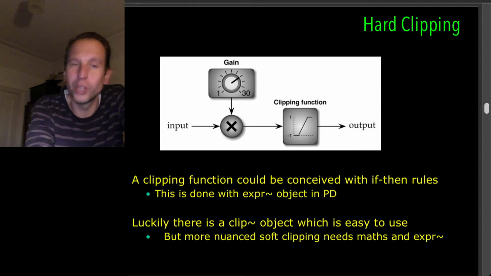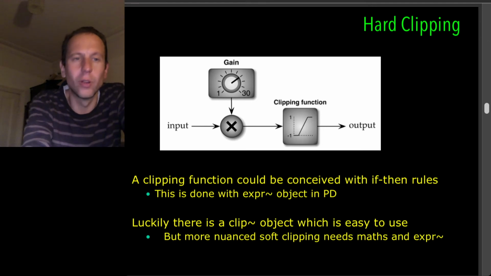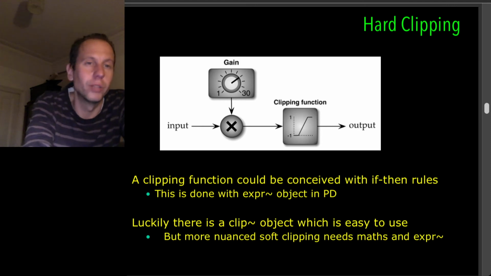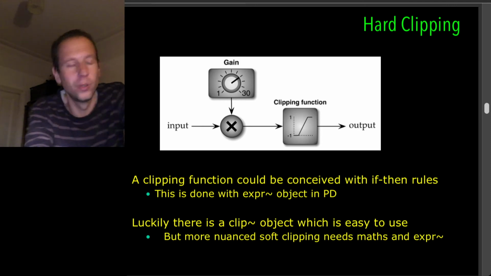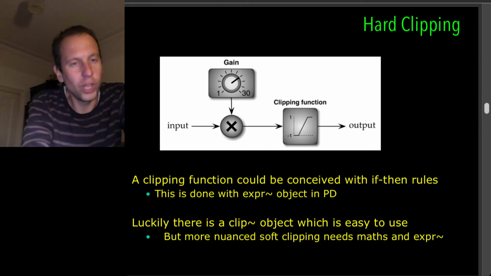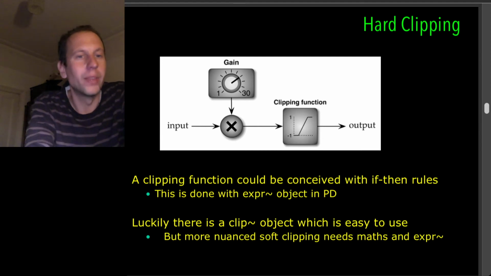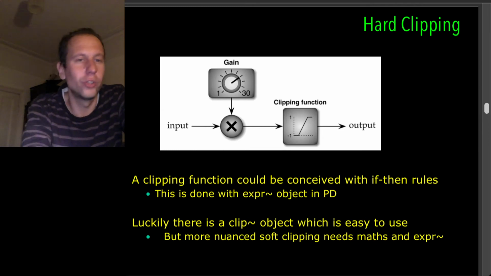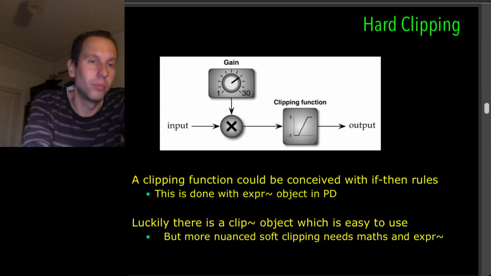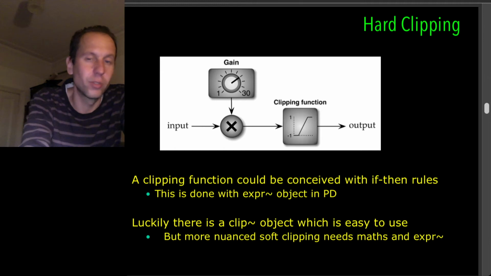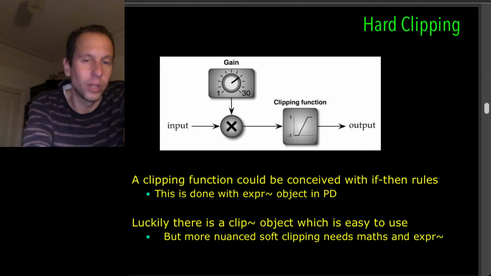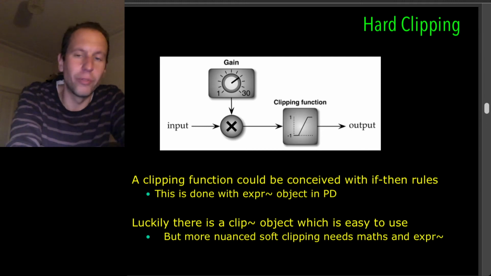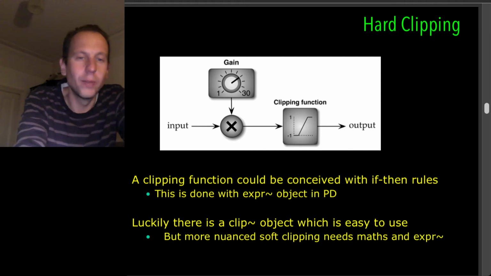If it does not exceed that given level, then the signal output value is the same as the input value, right? So you're defining a linear portion where there is no change to the signal, and then you're defining a threshold above or below which there will be a dramatic difference in terms of the output in relation to the input. Okay, so this type of if-then should be fairly easy to understand.